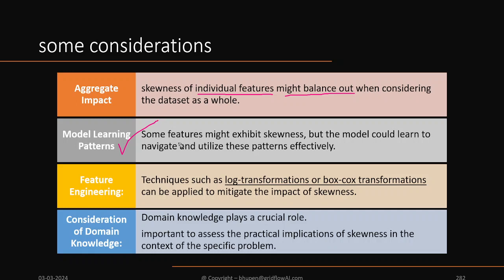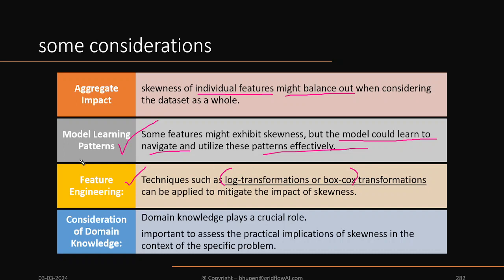Many machine learning models can perform pretty well even with skewed data. And you can apply some feature engineering to transform the skewed data using techniques like log transformation, Box-Cox transformation, and so on.